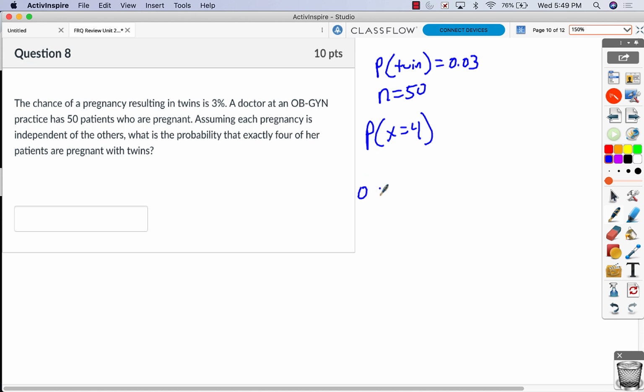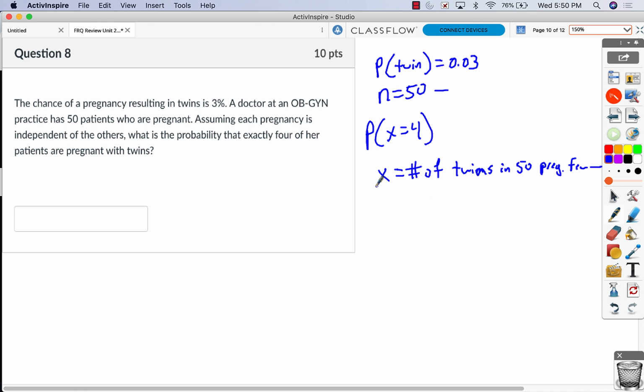Okay, it's like 0, 1, 2. They didn't define the random variable, but the random variable is how many of these 50 are going to have twins. So x would be the number of twins in 50 pregnant females.